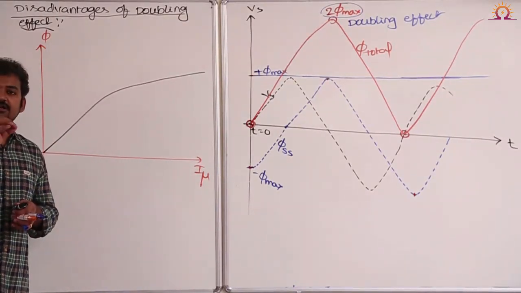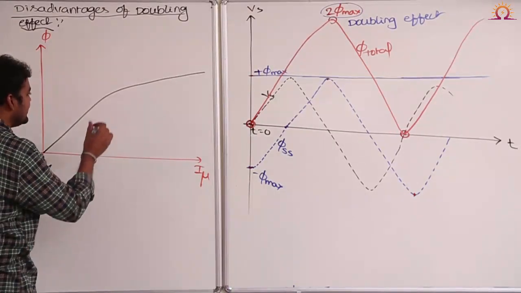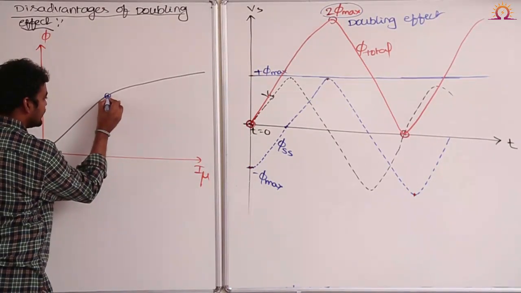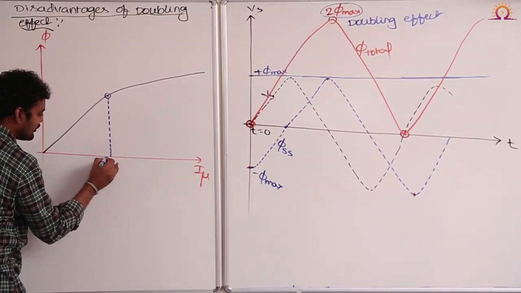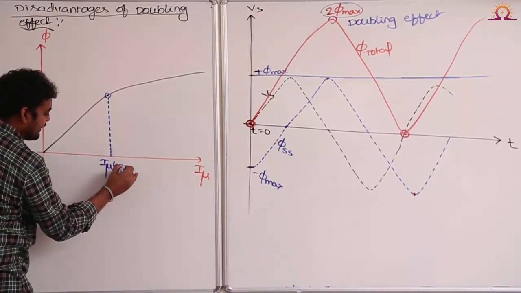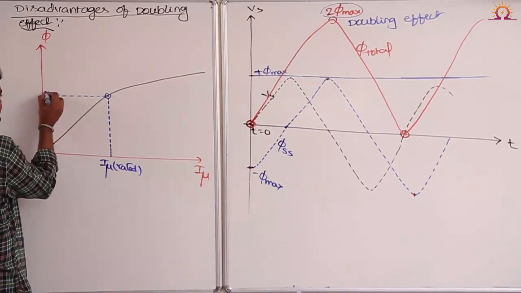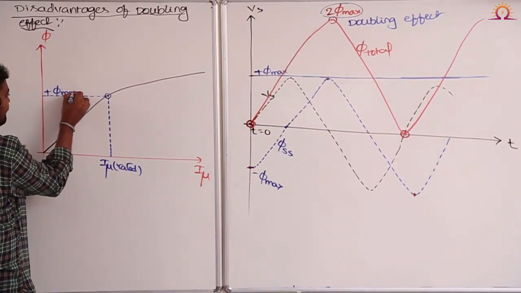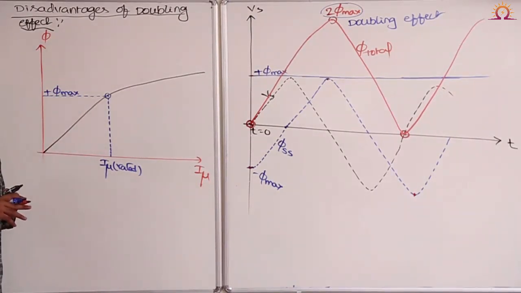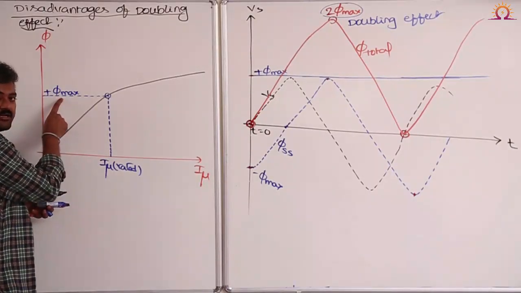It will be designed to operate along the knee point, somewhere here. Corresponding to this point, it is the rated magnetizing current. Corresponding to this point, this is the actual maximum flux of the transformer. This is the rated flux, indirectly.